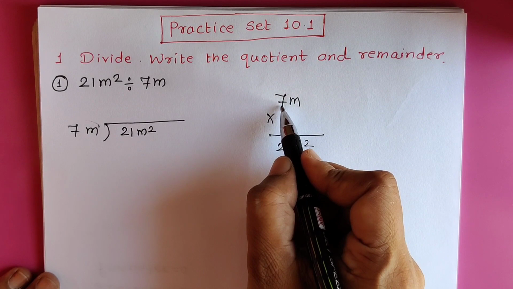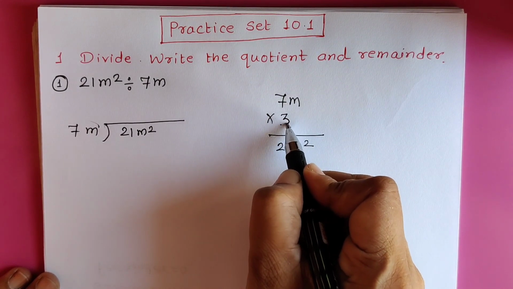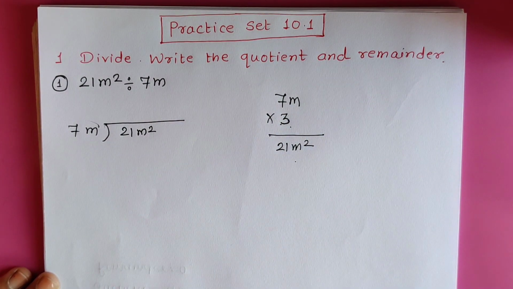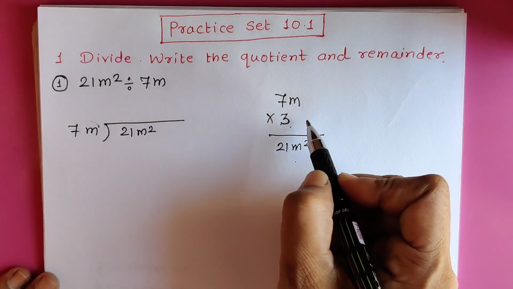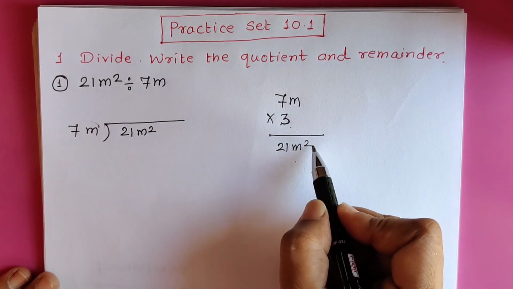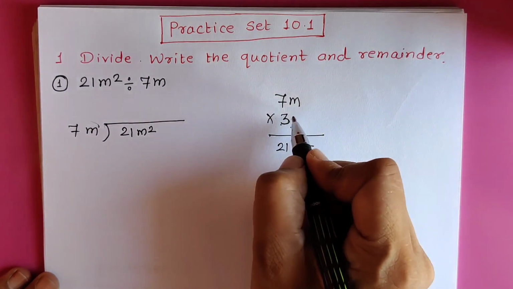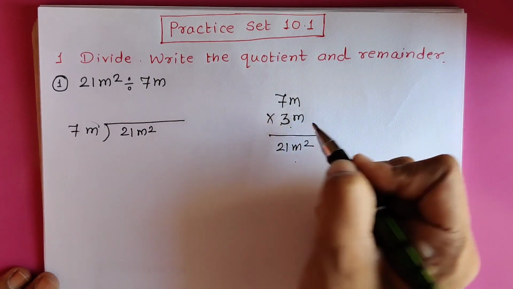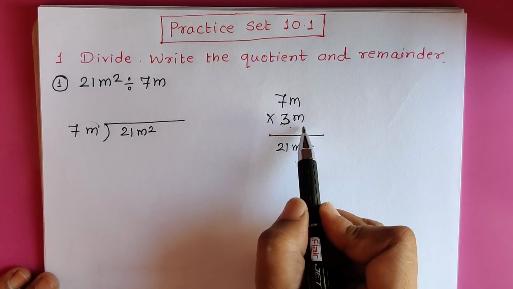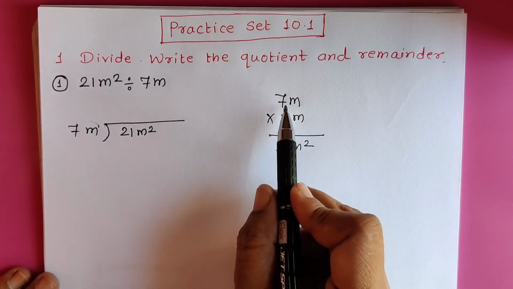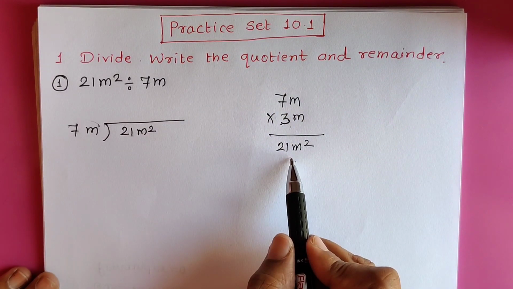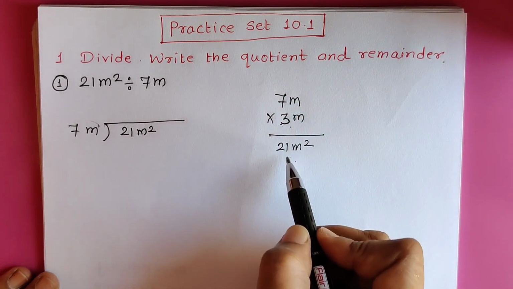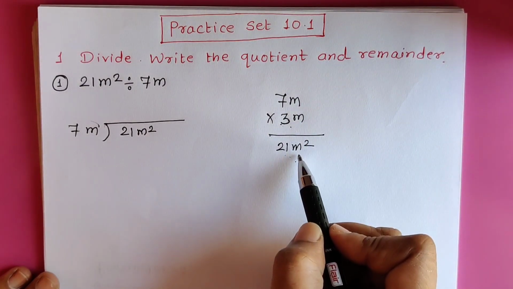Now children, we all know 7 3s are 21. So coefficient should be 3. Now m into which variable we get the answer as m square? We all know m into m is m square. So in this way we have to find an algebraic expression by which if you multiply this divisor, the answer should be the dividend. So 7 3s are 21, m into m is m square.